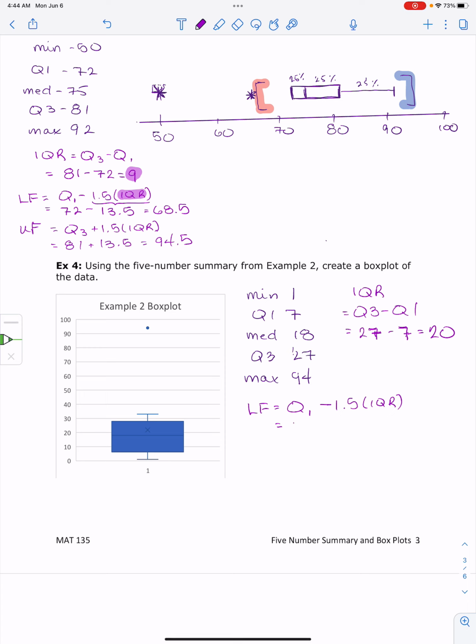My Q1 is 7 minus 1.5 times that interquartile range of 20. I got 7 minus 30, which gives me a negative 23. As odd as it may seem, it's okay to have a fence that is a negative value. So my lower fence is down here somewhere.